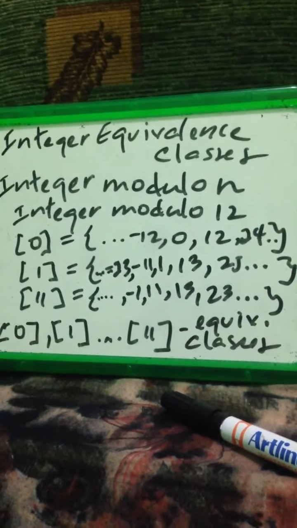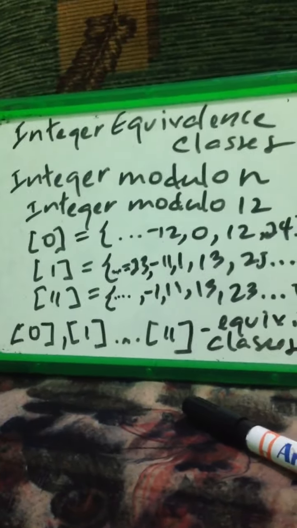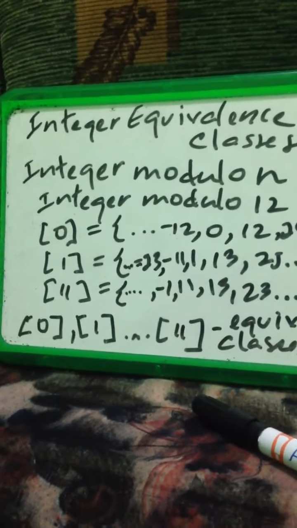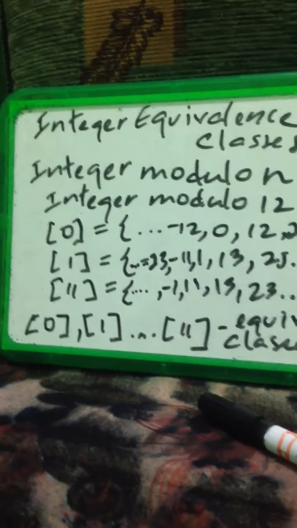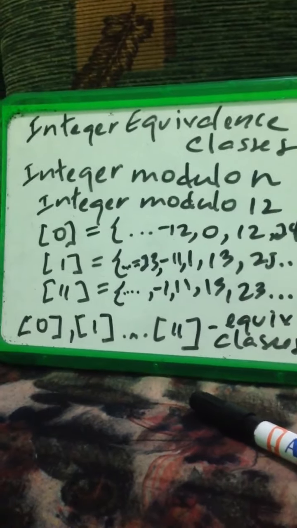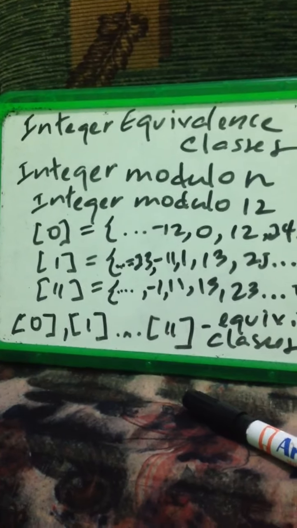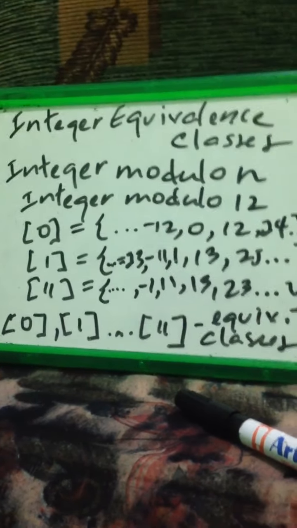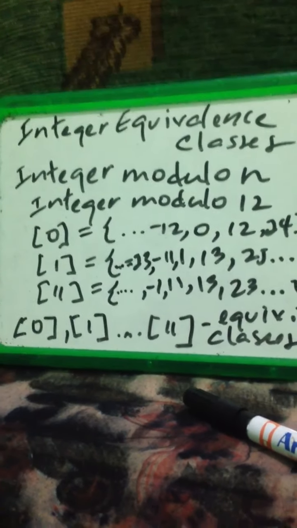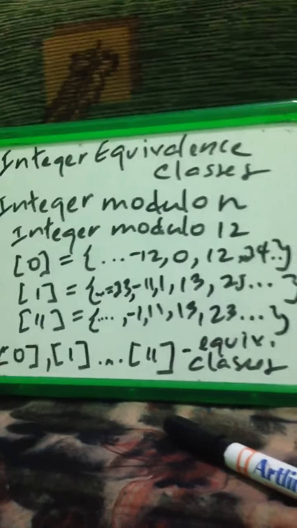It means that on the left you can see the partition of integers. First is the equivalence class 0, partition integer 0. It means that starting from 0, you're going to add multiples of 12. So, starting from 0 to the right, we're going to list all the multiples of 12.